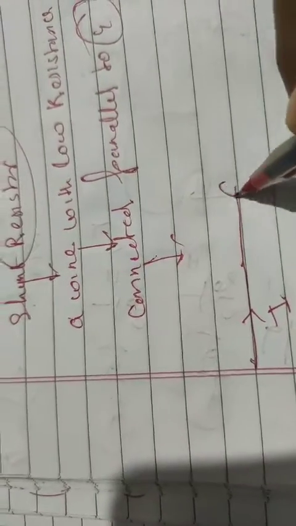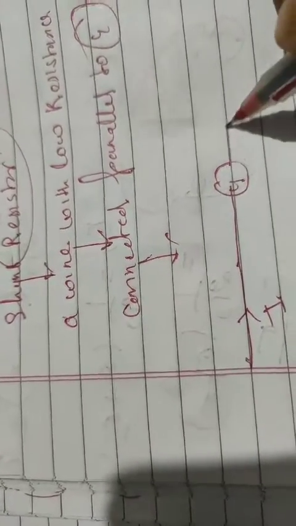Clear to you? So let us see the diagram. Suppose I have taken one wire, I is the amount of current flowing through it, and one galvanometer is already attached here. Clear to you? So parallelly, I connect one shunt resistance or shunt wire, a simple wire having low resistance, parallel to the galvanometer.